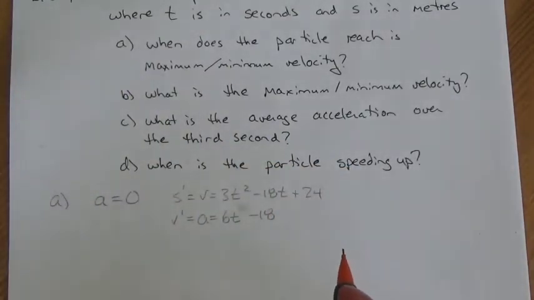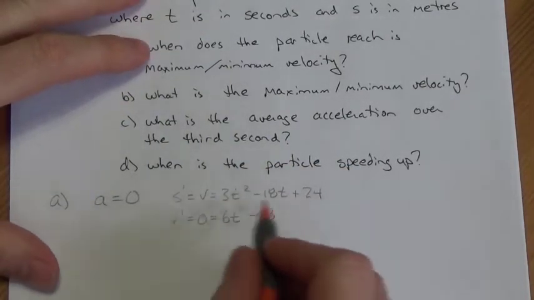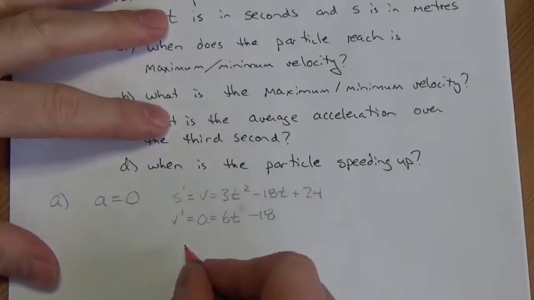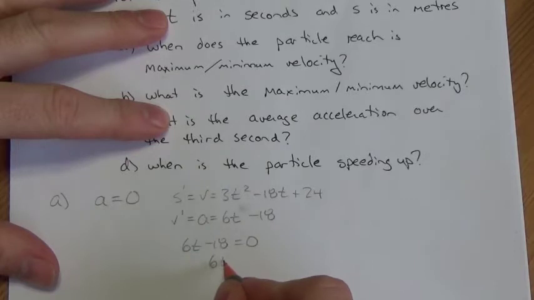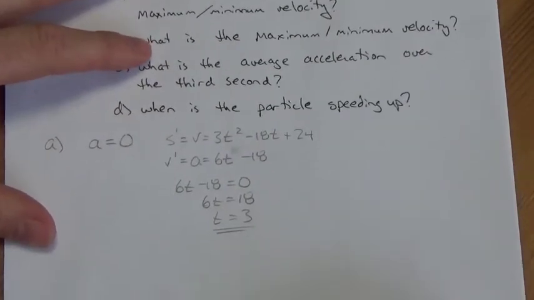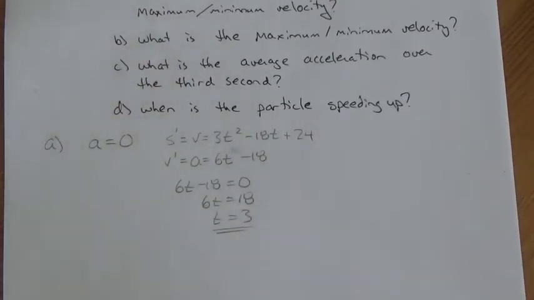Now I want to know where does 6t minus 18 become 0? That's quite straightforward to solve: at the 3-second mark.